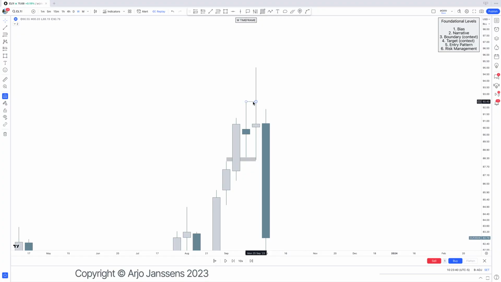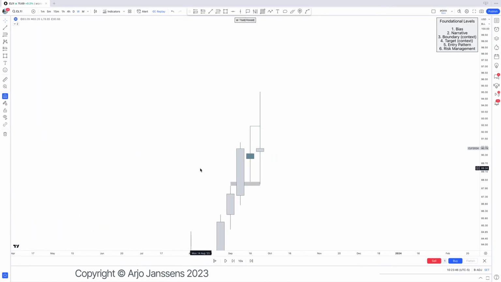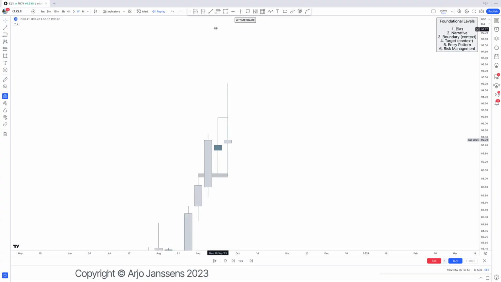So once we have reached that target, I can already tell on a weekly time frame that what are we doing right there? We are not creating a new expansion phase off of this previous order flow leg. So this can potentially create a swing low right there, which would mean that that creates as well a new potential order flow leg if it wants to continue higher, showing that intention.